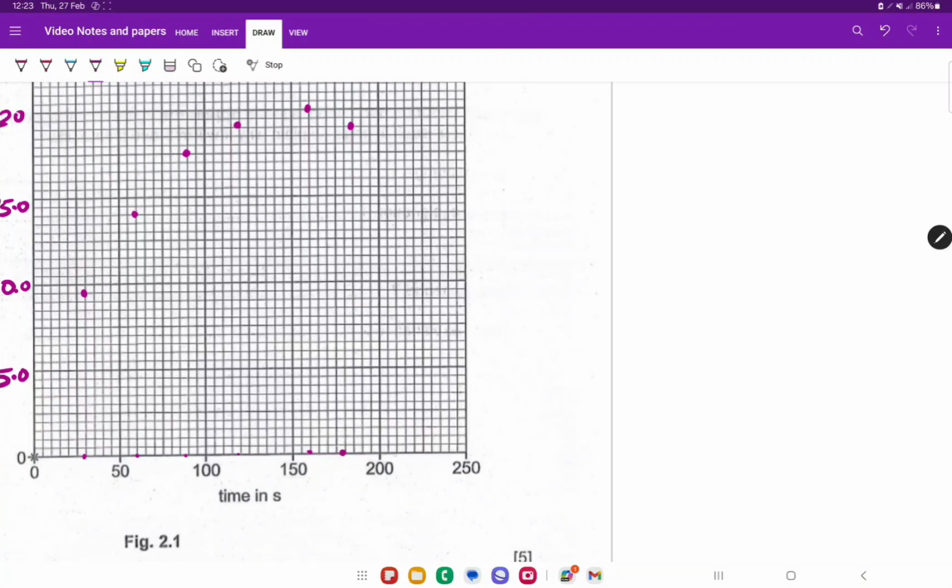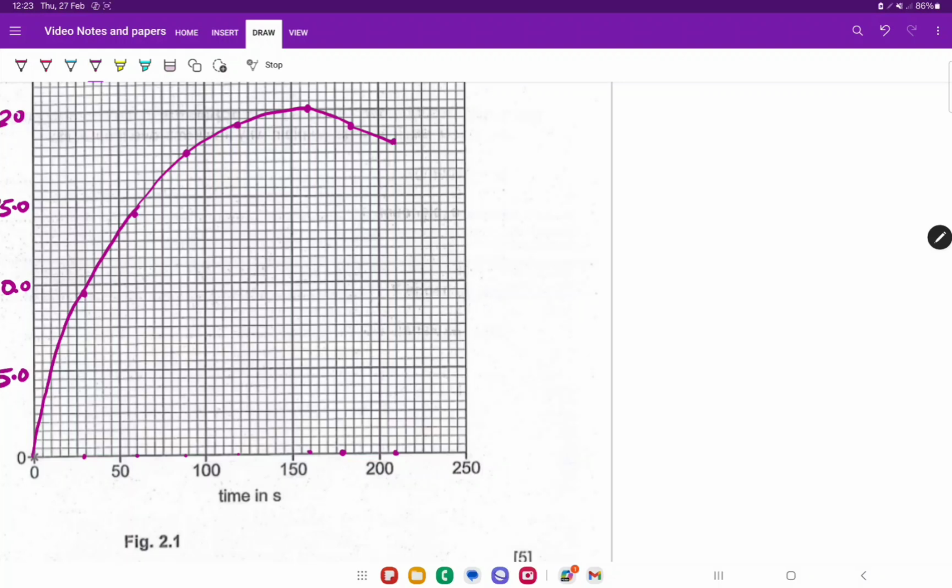This is 210, and we have to plot 18. 17.5 is this, and then 0.5 up, this is 210. If I join them, this will be my graph for the first experiment.